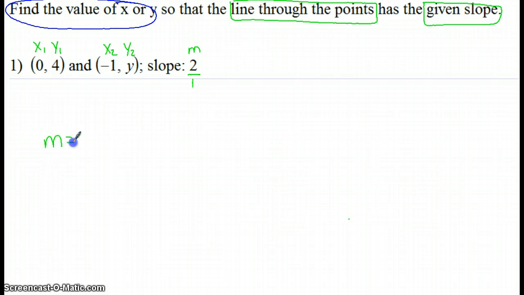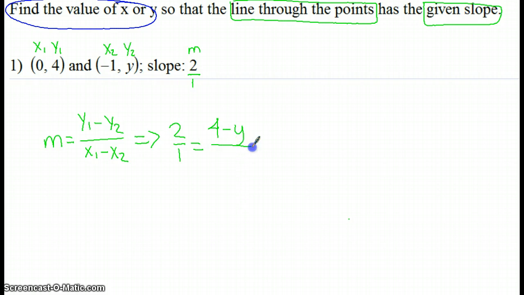So m equals y1 minus y2 divided by x1 minus x2. When I plug in the information I know, m is 2 over 1 equals y1 is 4 minus y divided by 0 minus negative 1.